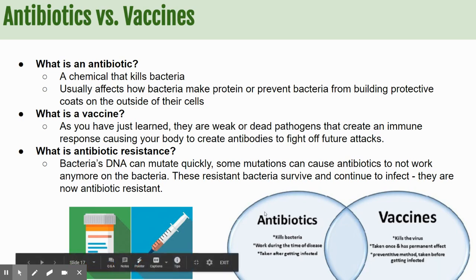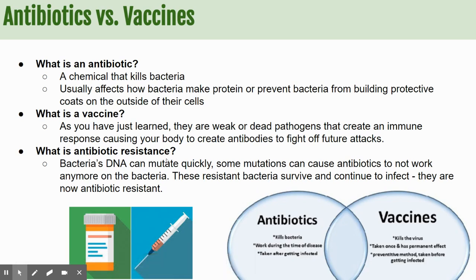So one thing you might see in the news is antibiotic resistance. This resistance can occur because bacteria's DNA can mutate and change really quickly. And some mutations can cause the antibiotics to not work anymore on the bacteria. And these resistant bacteria survive, and then they continue to infect and replicate and grow. And now you have an antibiotic resistant form of the bacteria.